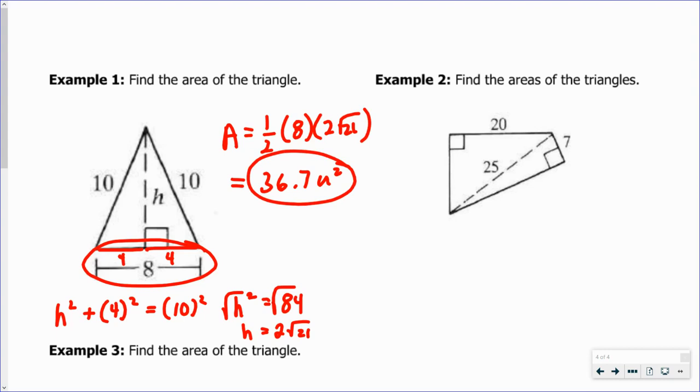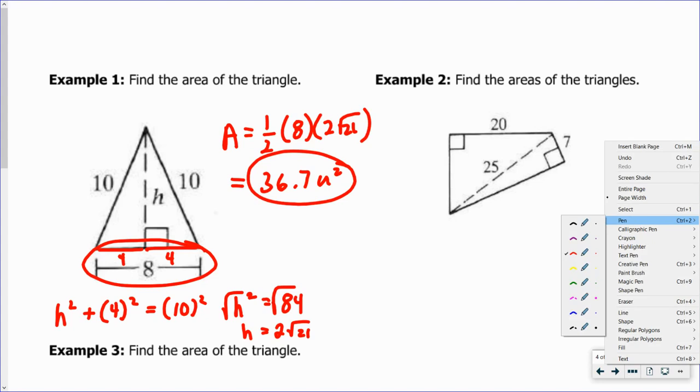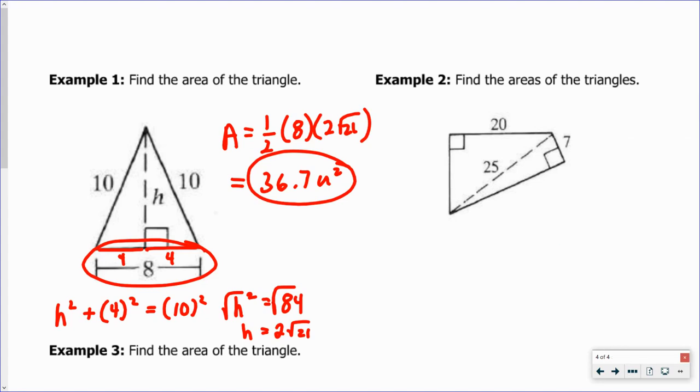If we look at example 2, we have a couple right triangles. This makes life a lot easier because we have 2 perpendicular sides, so we have a defined base and height already. Let's find the area of triangle number 1. 25 is the hypotenuse and 20 is a leg.